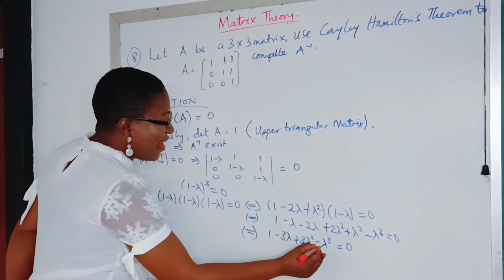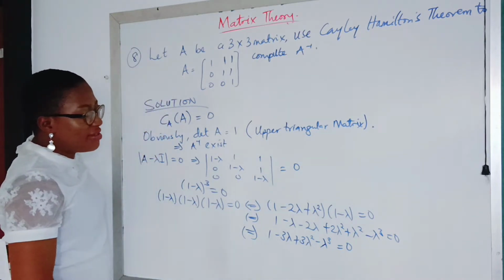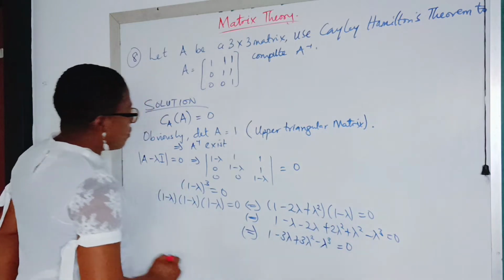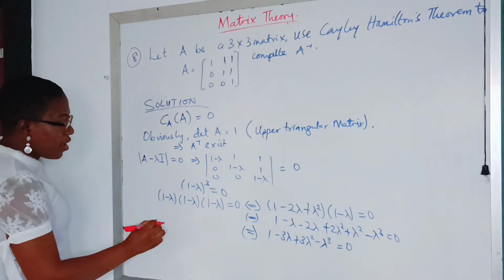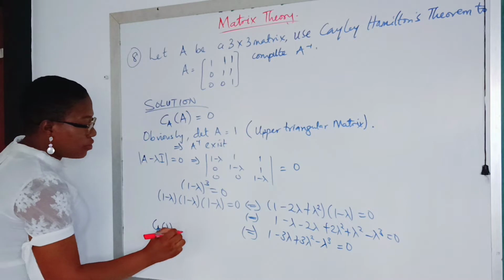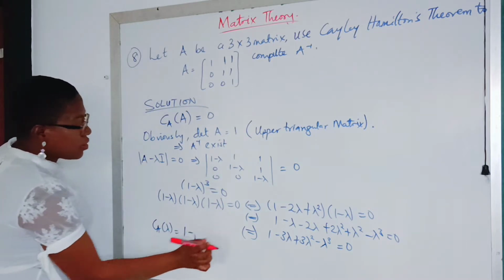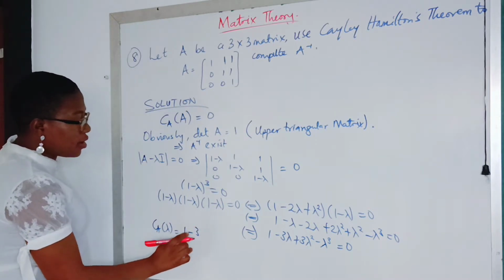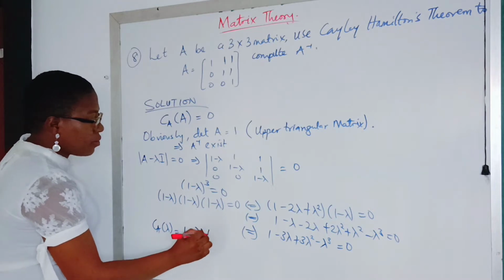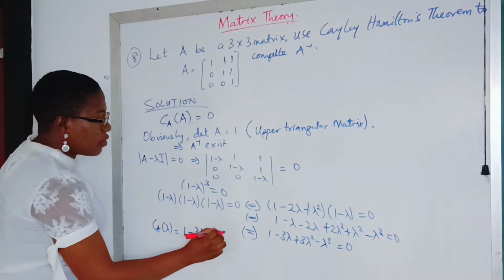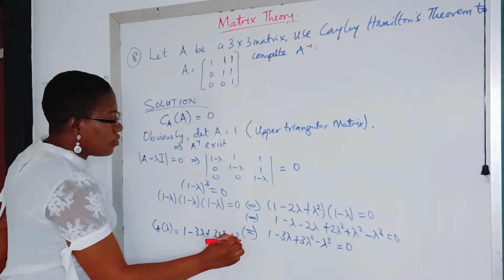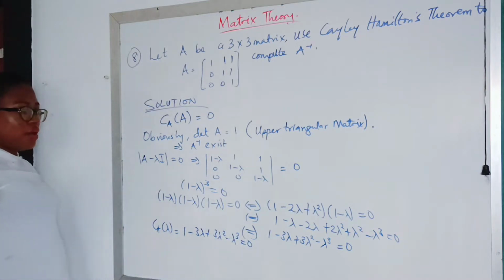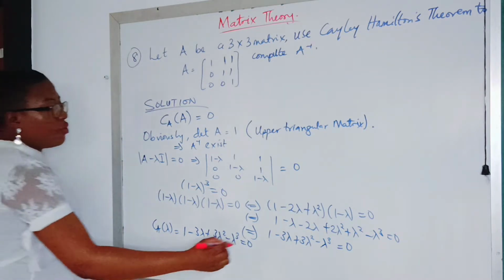So what do we have? This is the characteristic equation. So we have C_A of lambda equals 1 minus 3 lambda plus 3 lambda squared minus lambda cubed equals 0. What does this mean?